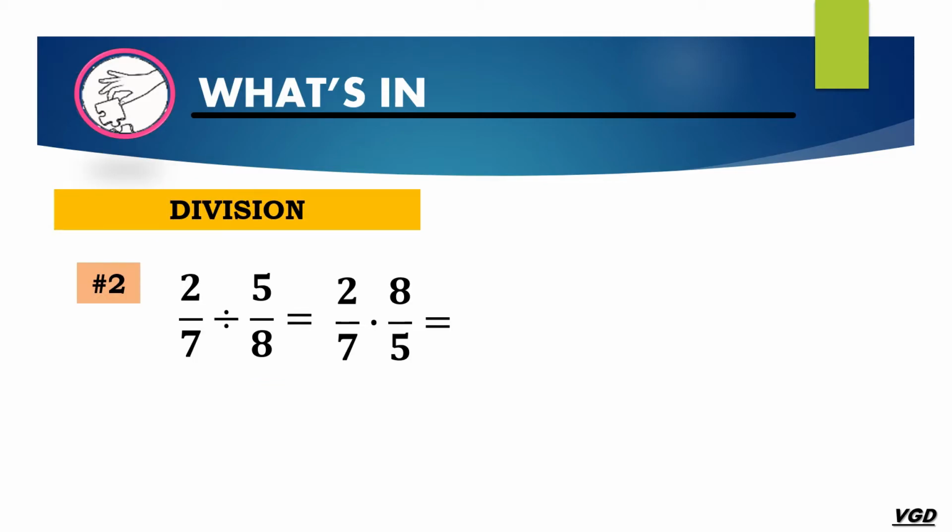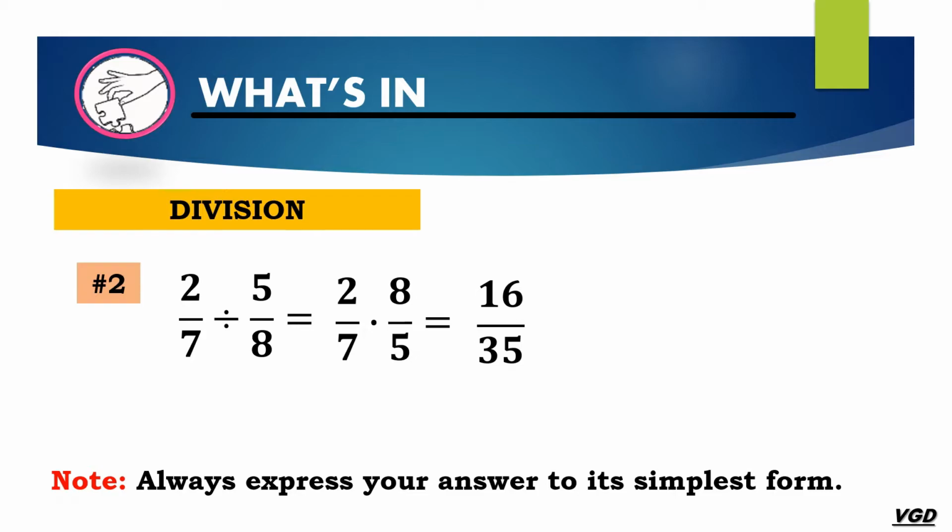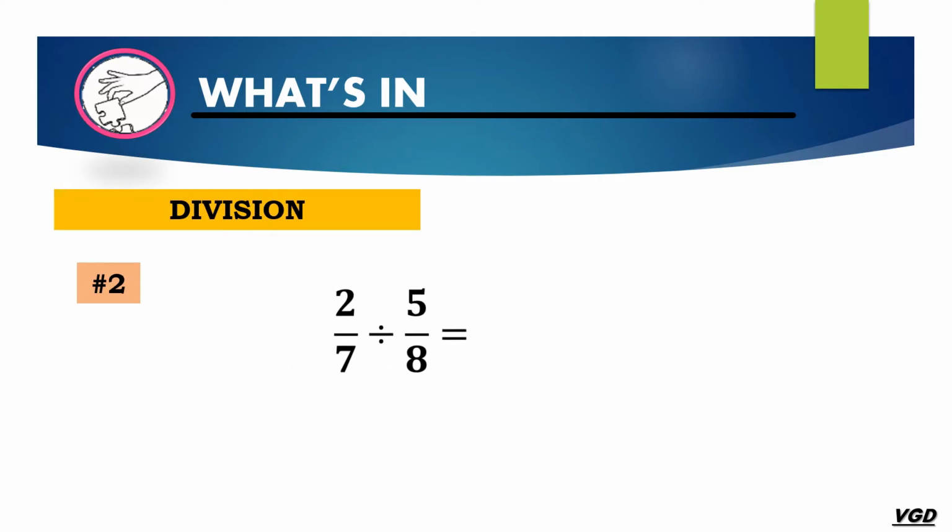Then just simply multiply. 2 times 8 is equal to 16, and 7 times 5 is equal to 35. So we have here 16 over 35. Always take note that we have to express your answer in its simplest form. In this case, we cannot simplify it anymore, so 2 over 7 divided by 5 over 8 is equal to 16 over 35.